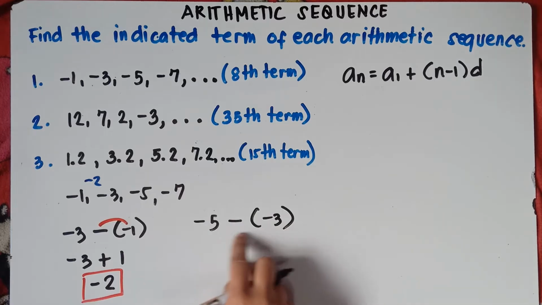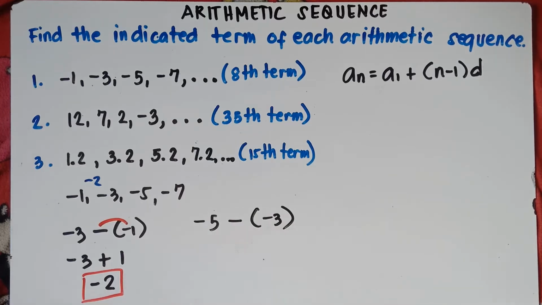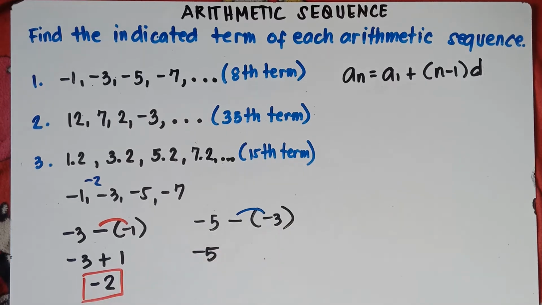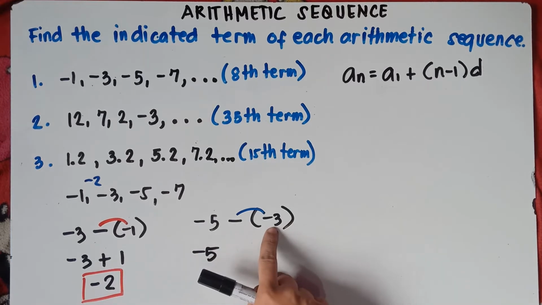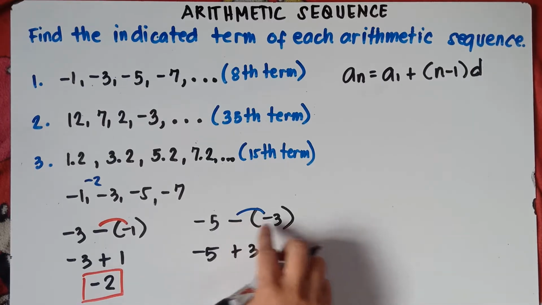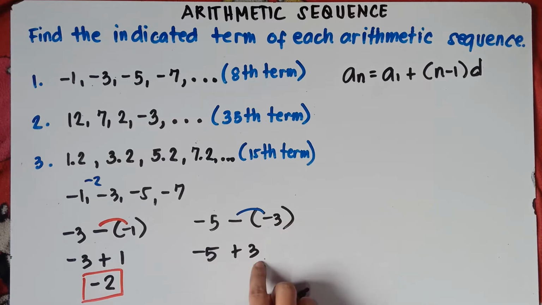Once again, if you do have both negatives, you need to multiply negative signs. So this will be negative 5, and then negative times negative, so instead of negative 3, it will be positive 3.